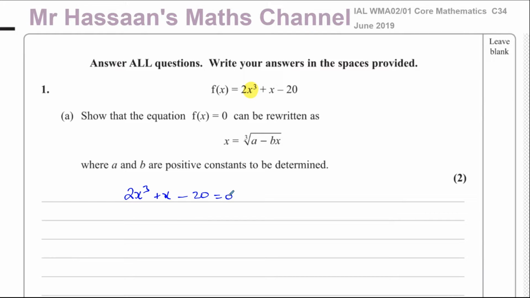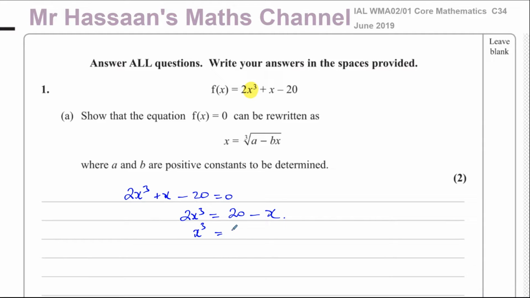Now we're going to make this x cubed the subject. So we have to add 20 and subtract x from both sides. So you've got 2x cubed is equal to 20 minus x. And then we can divide both sides by 2. As you can see, they've put them as separate terms, so I'm going to divide each term by 2 separately.